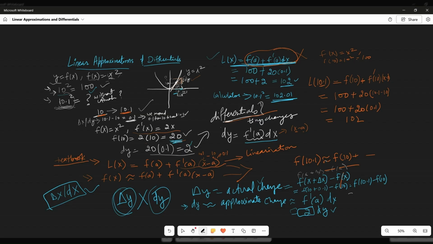But since delta y is the actual change, the actual value of this function at 10.1 is 102.01 minus the actual value of f of 10, which is 100. So delta y is equal to 2.01, whereas dy, the approximate change, is equal to 2, which we calculated based off the slope times dx.